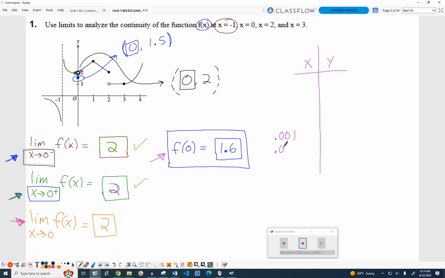As we pick x-coordinates that are closer and closer to 0, but slightly negative of 0, we see that the corresponding y-coordinate is just getting closer and closer to exactly 2. It really isn't getting close to 1.6. That 1.6 doesn't ever happen until the x-coordinate switches and goes to exactly 0. So the trend is never, like 1.6 isn't involved at all.